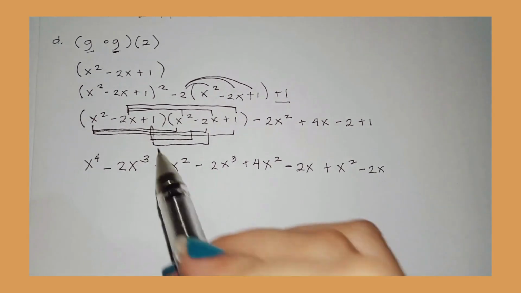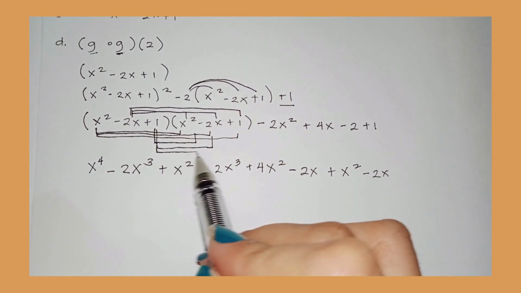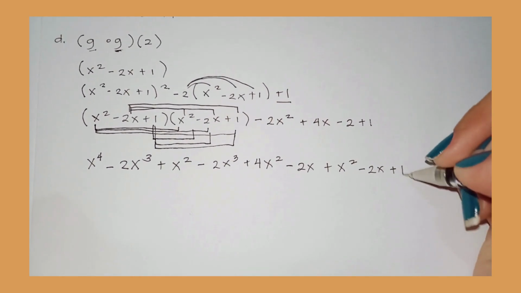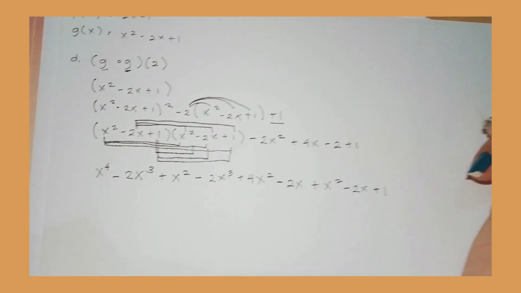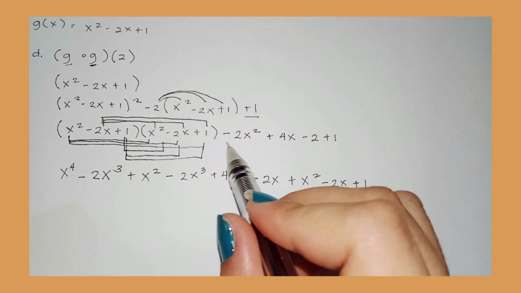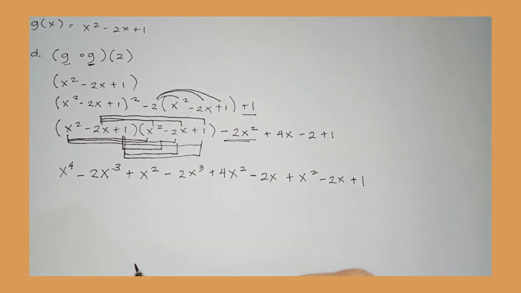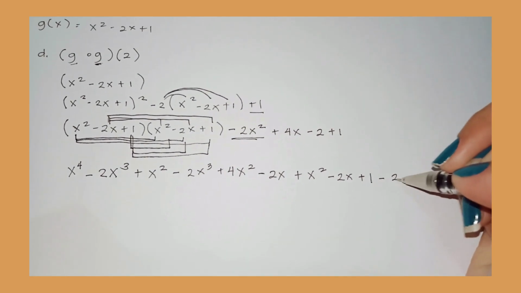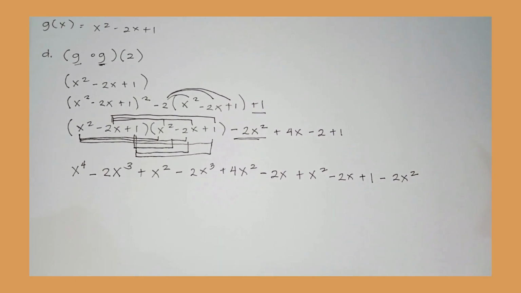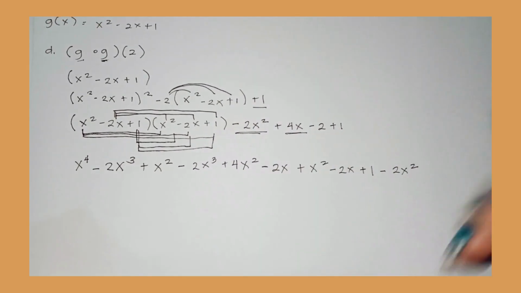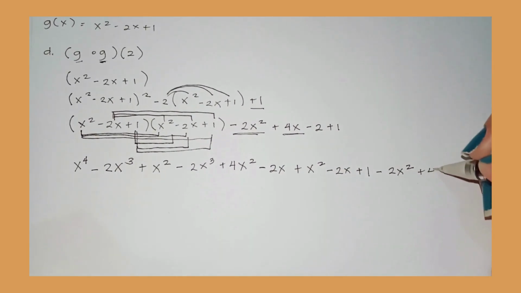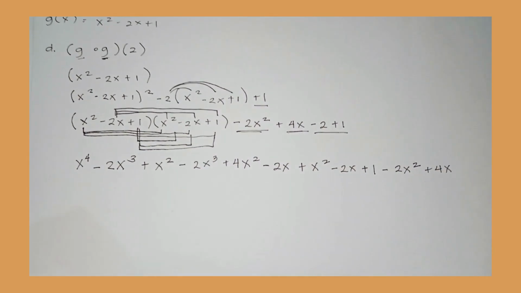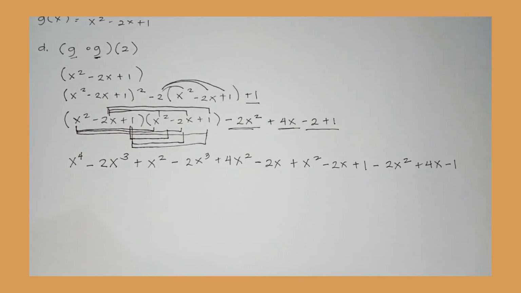And then, positive 1 multiply to positive 1, that is positive 1. Then, proceed na tayo dito. Meron ba 2x squared maliban dito? Wala na. So, copy negative 2x squared. Wala nang 4x maliban dyan. So, copy plus 4x. And then, negative 2 plus 1, that is negative 1.